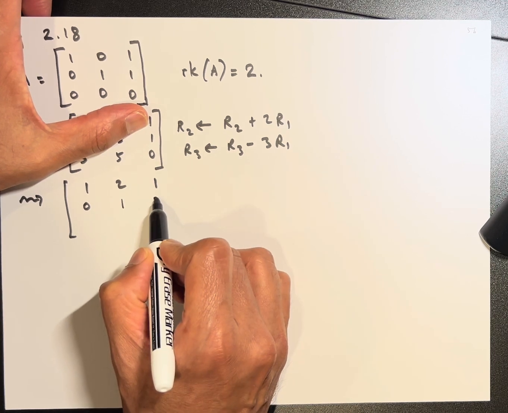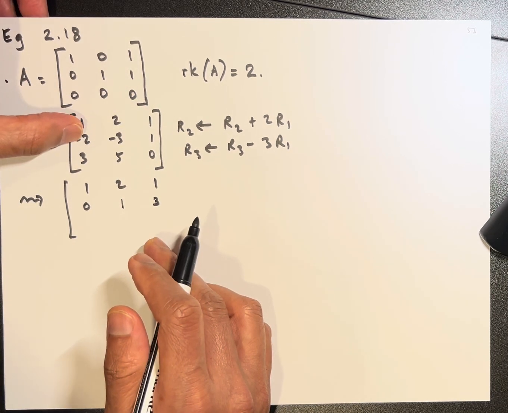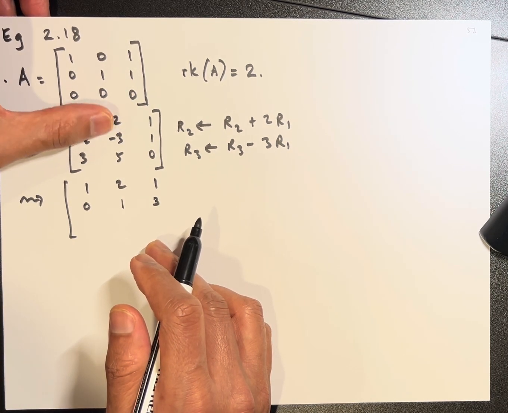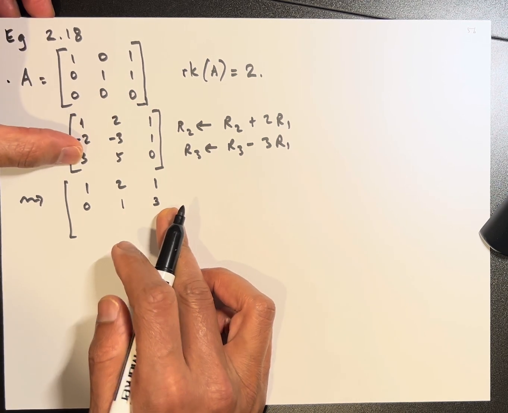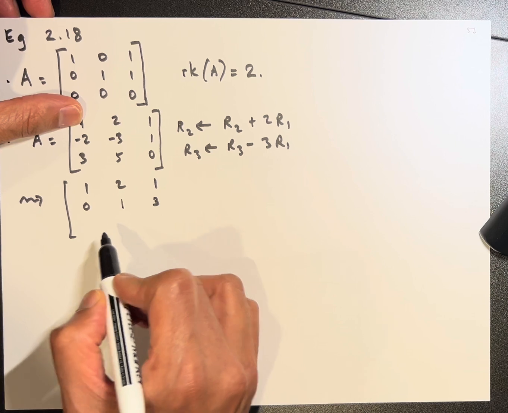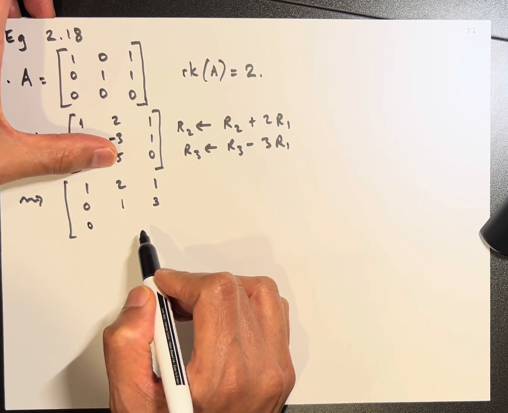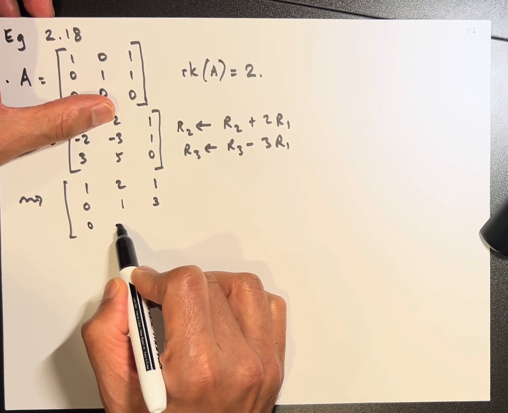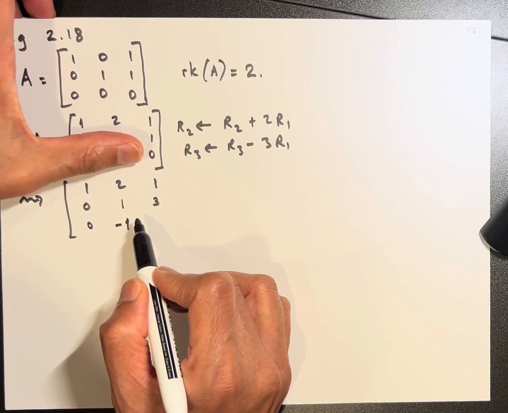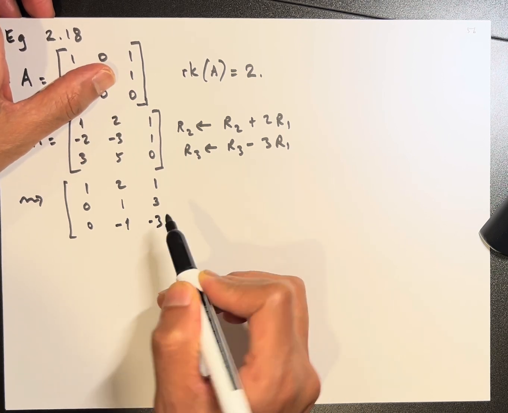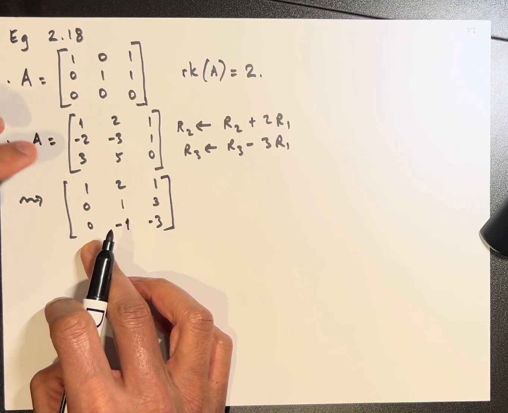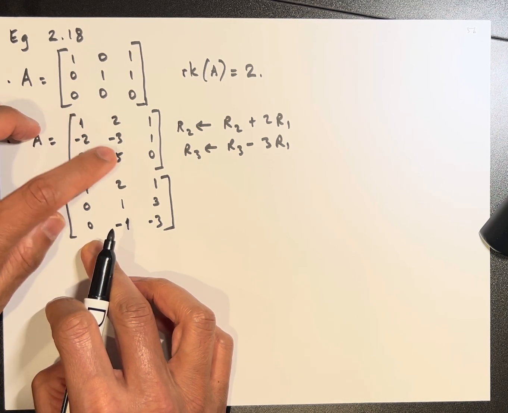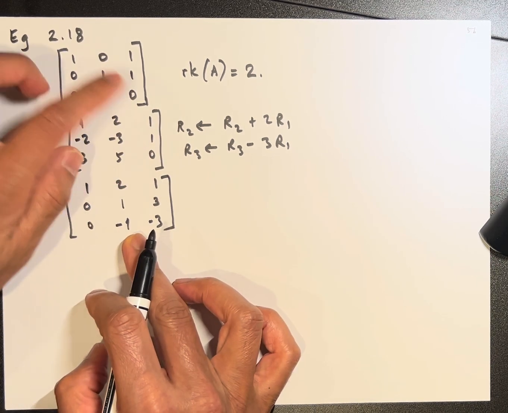This will be 3. Okay. So minus 2 plus 2 is 0. Minus 3 plus 4 is 1. 1 plus 2 is 3. And then this 3 is there. So 3 minus 3 times this is 0. 5 minus 3 times this is -1. So this is -3. Let me check this. So 3 minus, then this is -1, -3.